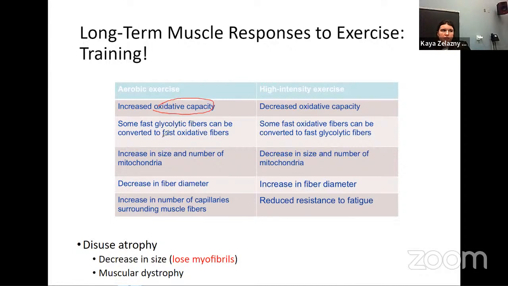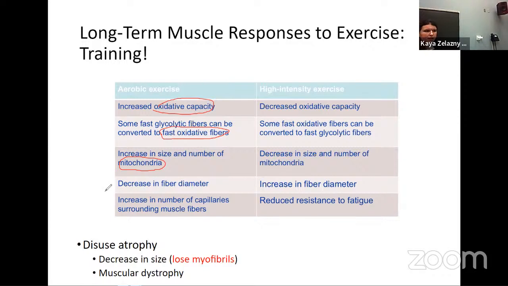You're going to convert some of those fast glycolytic fibers into fast oxidative fibers, which was that intermediate type. Okay. You're going to increase your mitochondria, right? So you're going to make more of this type of organelle where we have oxidative phosphorylation happening. And you can change a little bit about fiber diameter and blood flow as well.